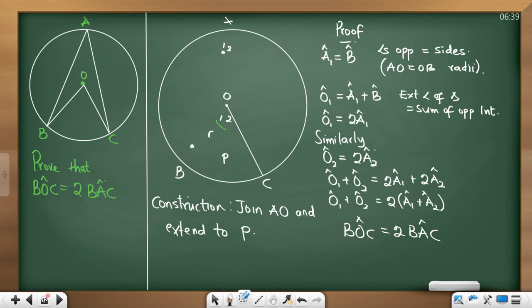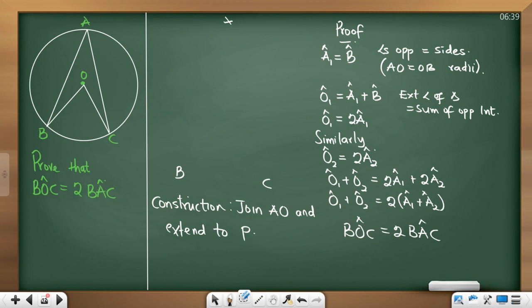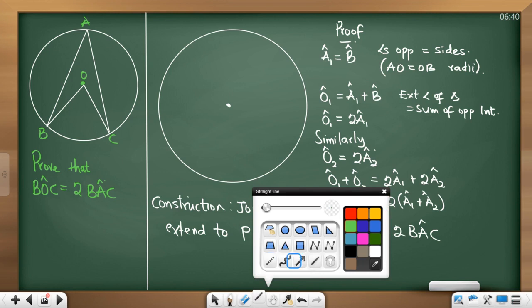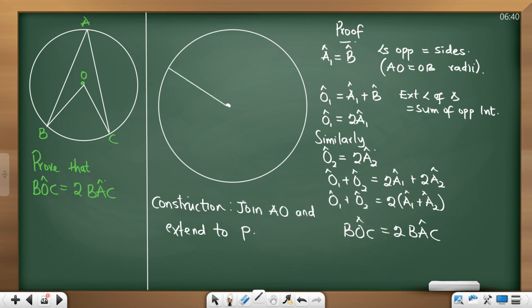Let me just clean all of this. Oh no, I want the circle. All right, so what is the shape looking like for the second one? The proof is completely the same, and I'll try to help you with understanding that. So here I'll have my radius now extended this way. It's just the position that is different, and I'll be explaining to you why that is.